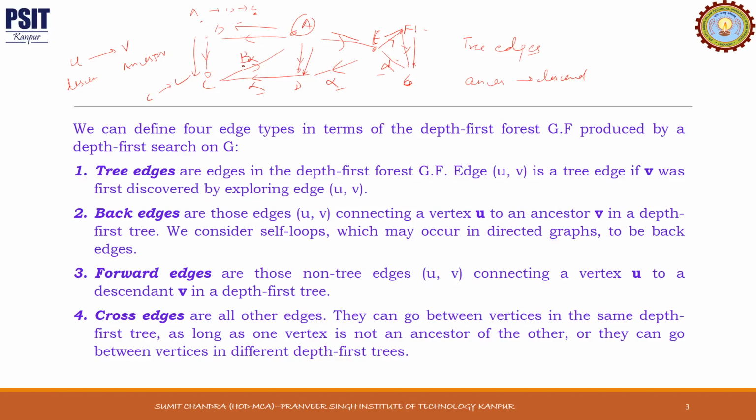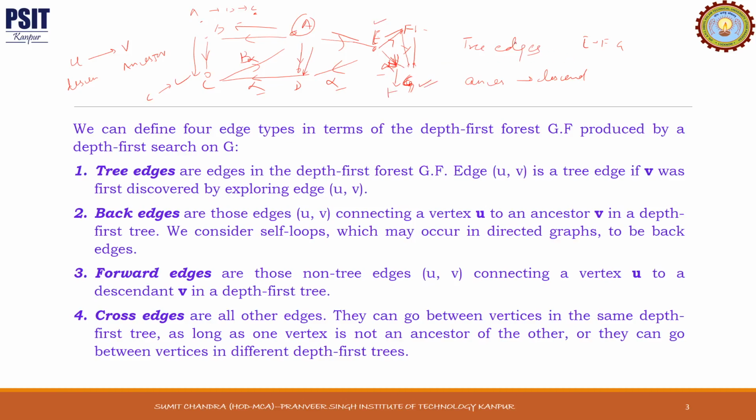For example, let's have this path, E, F and G, and there is an edge from E to G. This edge E to G is basically a forward edge, because in this path the ancestor is connected to the descendant.